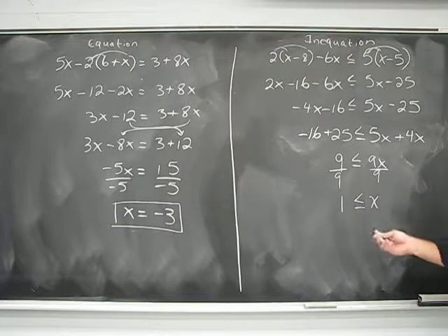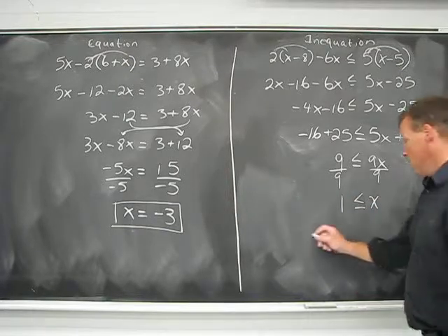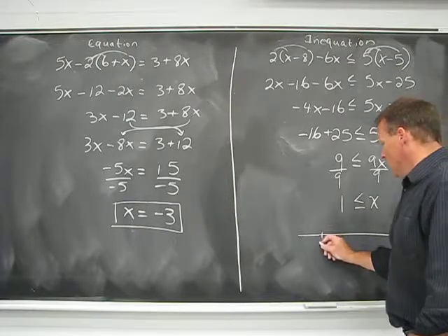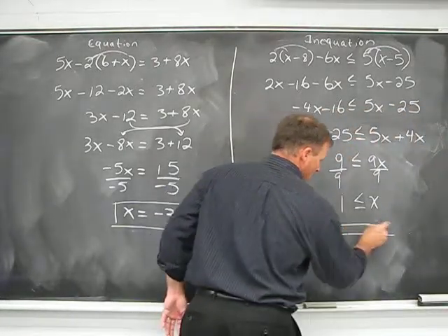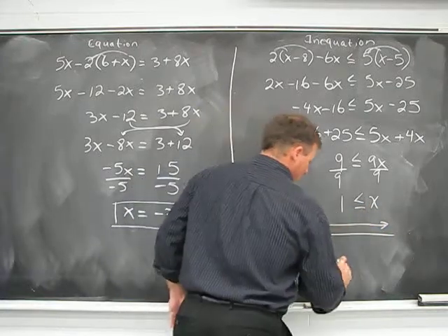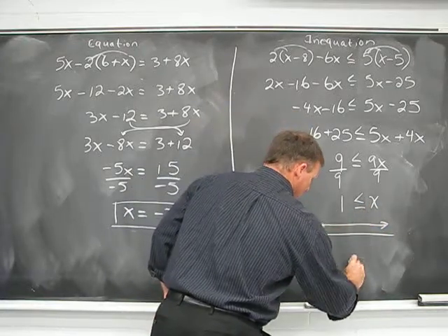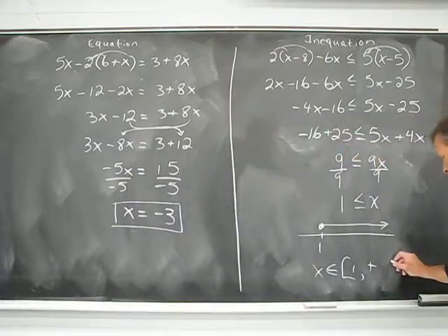You want to read it from the letter. X greater than or equal to 1. And just like before, this refers to the solutions. Value is 1, and all of the numbers greater than, x is greater than 1. Interval notation is the same. It's going to go from positive 1 to positive infinity.